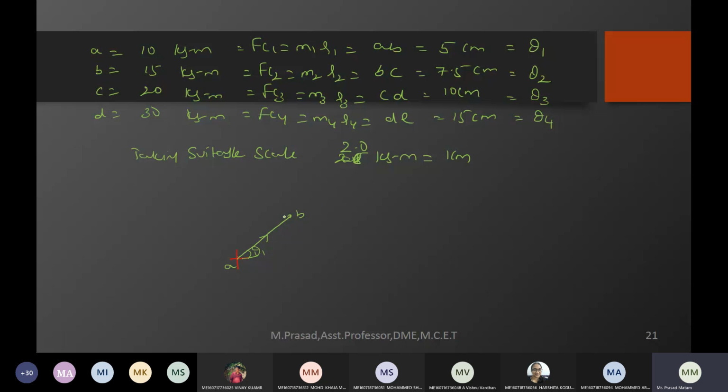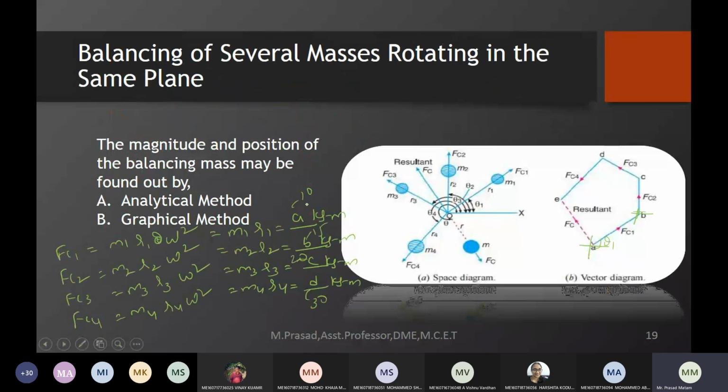Okay. Now come to point B. Just locate again the second reference point. Now you can see in the diagram, this is your configuration diagram. What is the position of this FC2, which is making an angle of 90 degrees, perpendicular exactly? So with respect to B, this is exactly perpendicular.